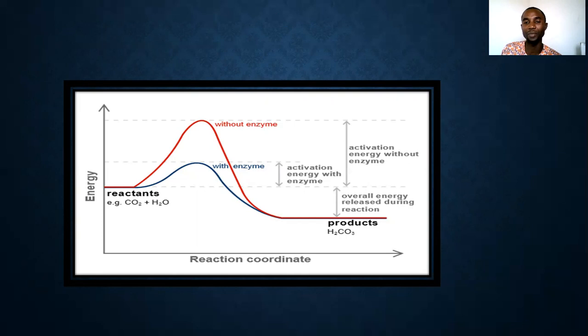So a small amount of energy will surmount the activation energy and the reaction will occur. We can see that enzymes or catalysts help speed up the rate of chemical reaction, with the diagram or chart you can see on the screen.